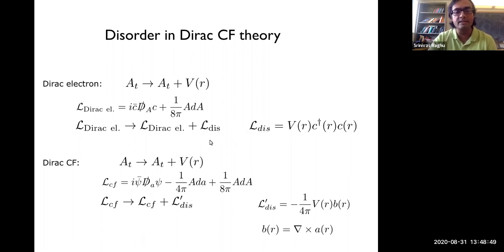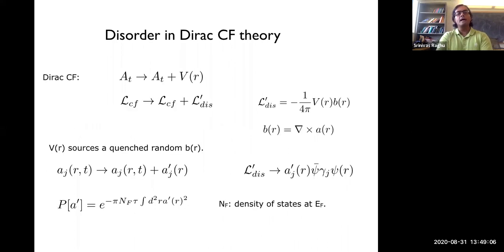And since the density of electrons is related to the flux of composite fermions, the curl of little a, the disorder potential is V of R times b of R. Okay. But now, how does this couple to the composite fermions? Since the flux little b is a dynamical variable, whereas V of R is a quenched random variable, it sort of sources a quenched random component of the flux.